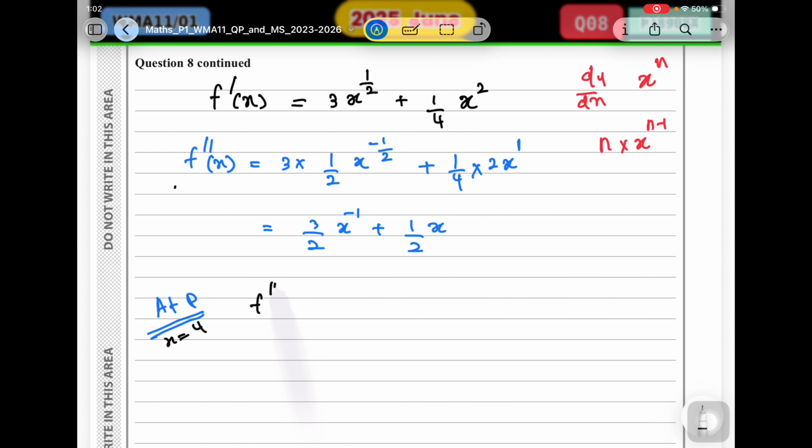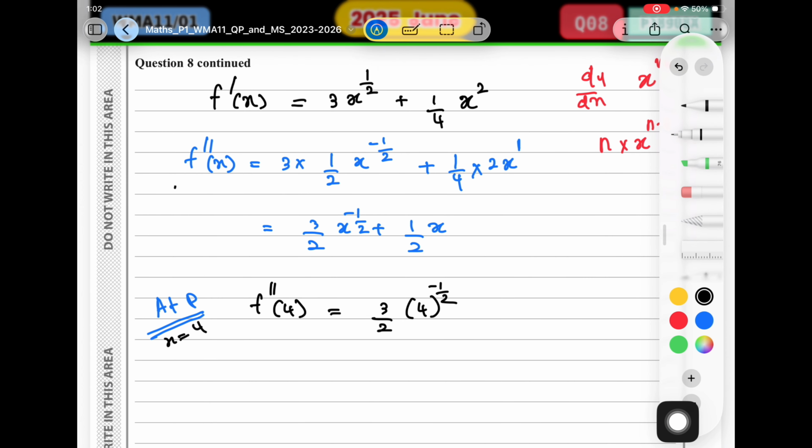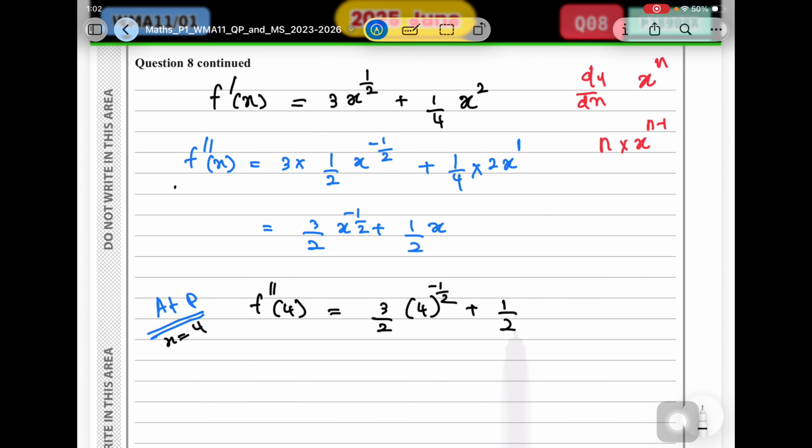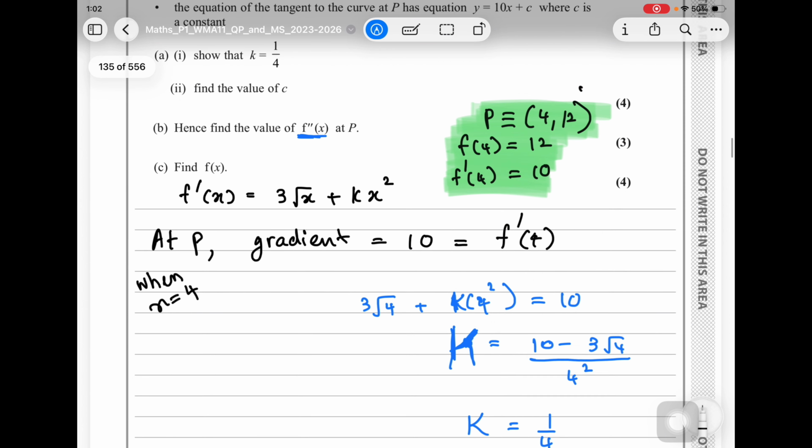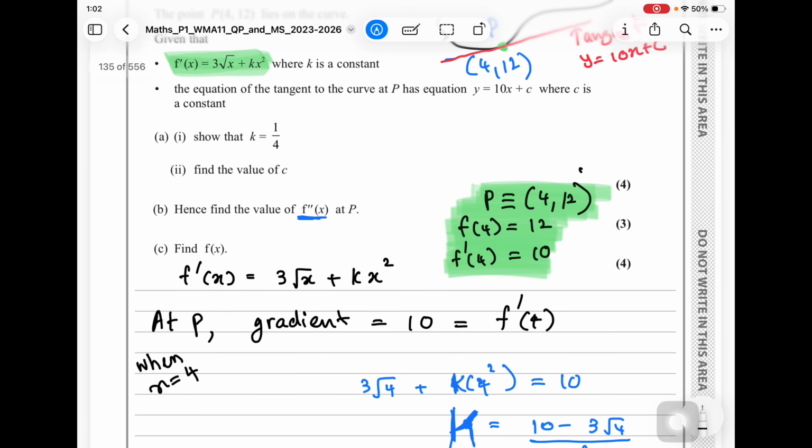So f''(4) is going to be 3/2 times 4 to the power negative half, plus half times 4. This would give you the answer, which is 11/4. This is pretty good. So you have to find the f''.